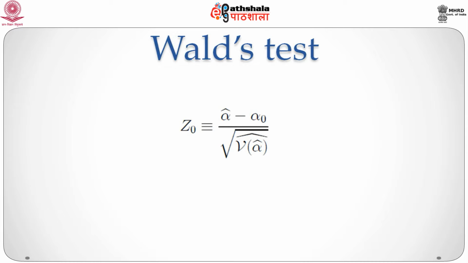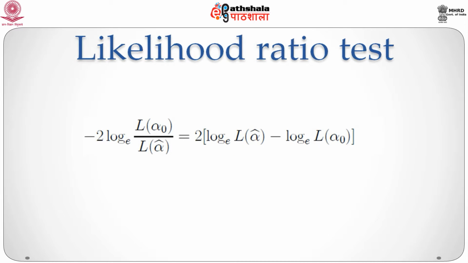The statistic Z follows a normal distribution with mean 0 and variance 1 under the null hypothesis alpha equal to alpha naught. A second option is the likelihood ratio test, and this is given by minus twice log of L alpha naught by L alpha hat, equal to twice of log L alpha hat minus log of L alpha naught.